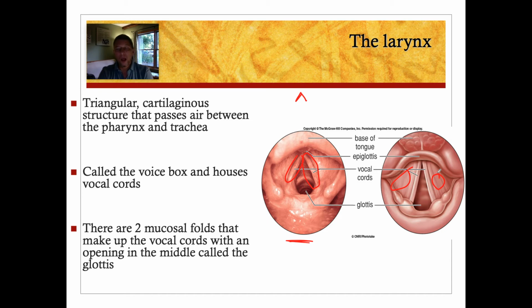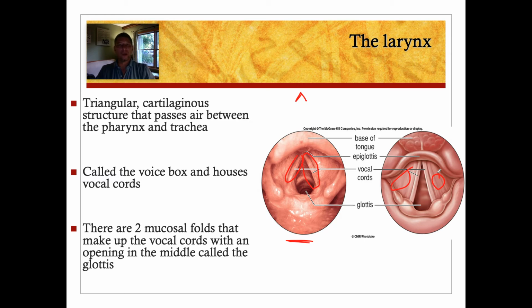Now, the vocal cords themselves function much like the strings on a guitar or a violin or even a piano. The way that a stringed instrument works is you change the length and the tension in those strings, and you can produce different sounds. And you can change the pitch of your voice from very deep to very high.